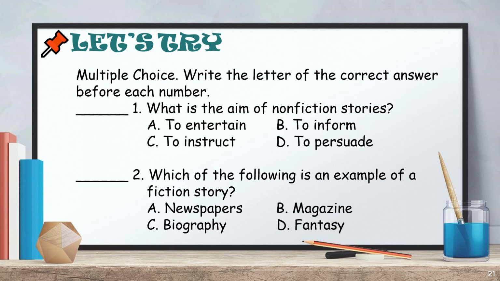So for the question in number 1, what is the aim rather of nonfiction stories? So the aim of nonfiction stories is A, to entertain, B, to inform, C, to instruct, and letter D, to persuade. So you're going to choose your answer between A, B, C, and letter D.